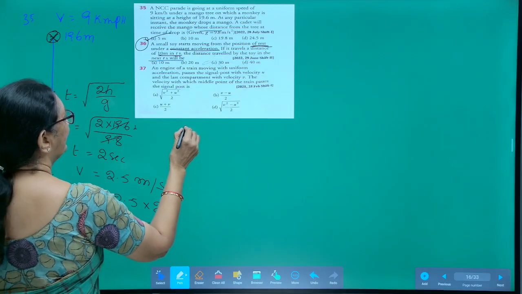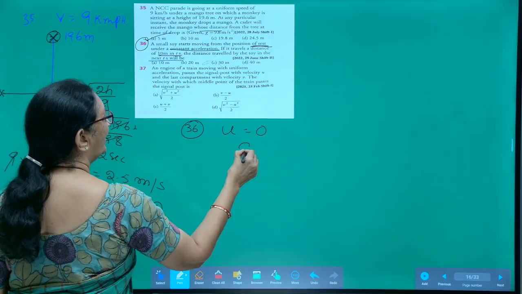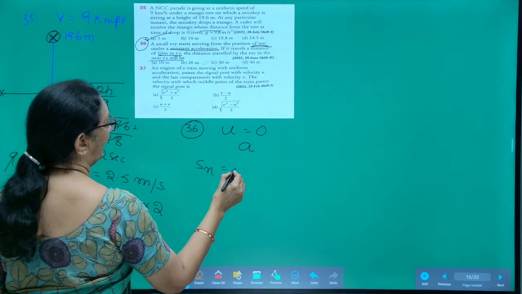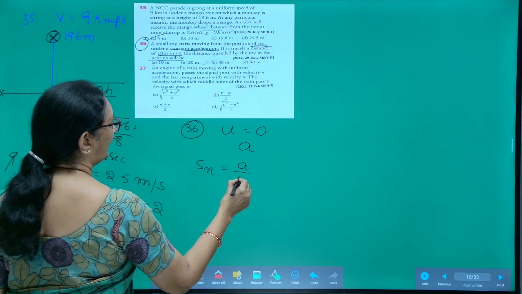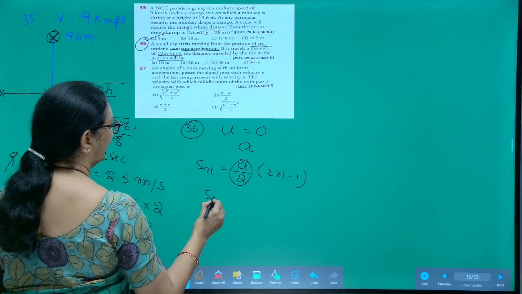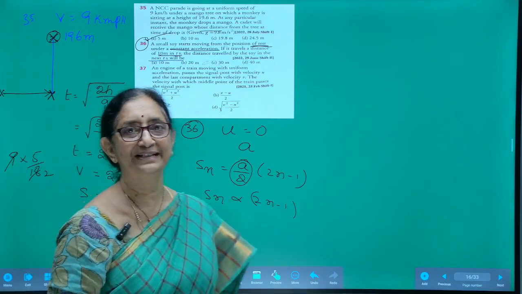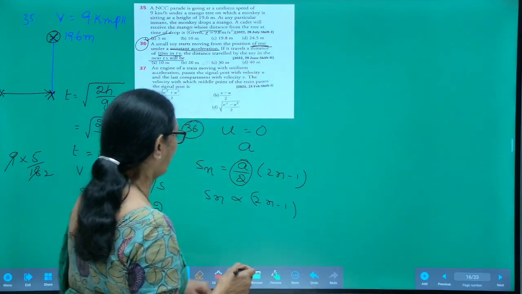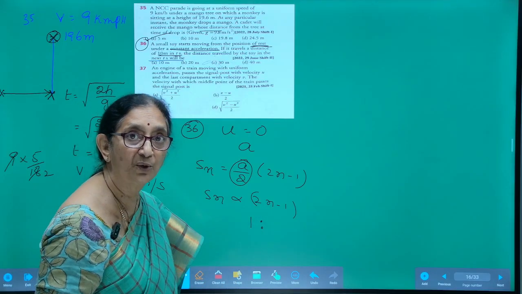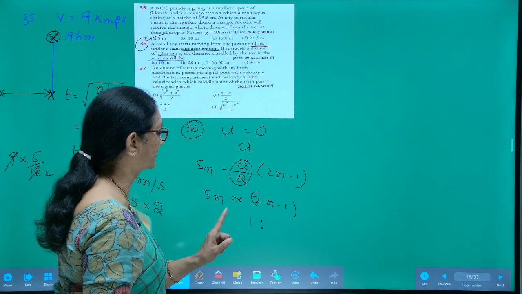Look here. In case of a body starting from rest, moving with uniform acceleration, displacement in the nth second is u plus a by 2 into 2n minus 1. So a is constant, Sn is proportional to 2n minus 1. So what we conclude from that is displacements in successive equal time intervals: in the first interval, 2 minus 1, 1.